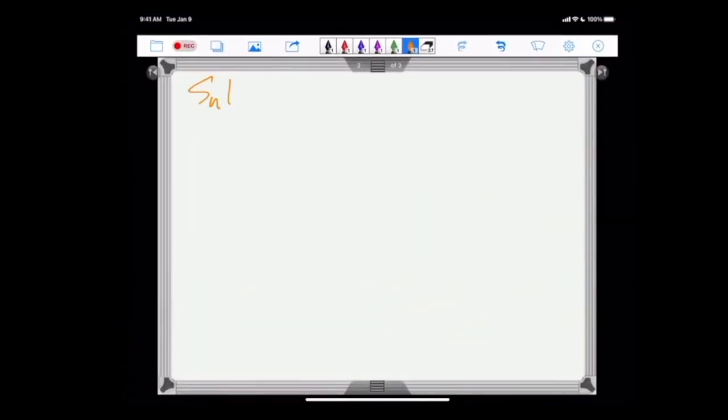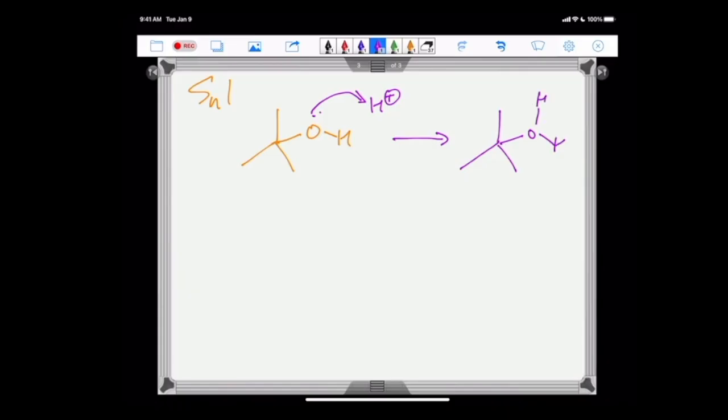For SN1, and this only applies to tertiary groups with, let's say, an OH. I do not currently have a good leaving group, but if I add a really strong acid, I can protonate that to make this guy. This is where my SN1 pathway will kick off.